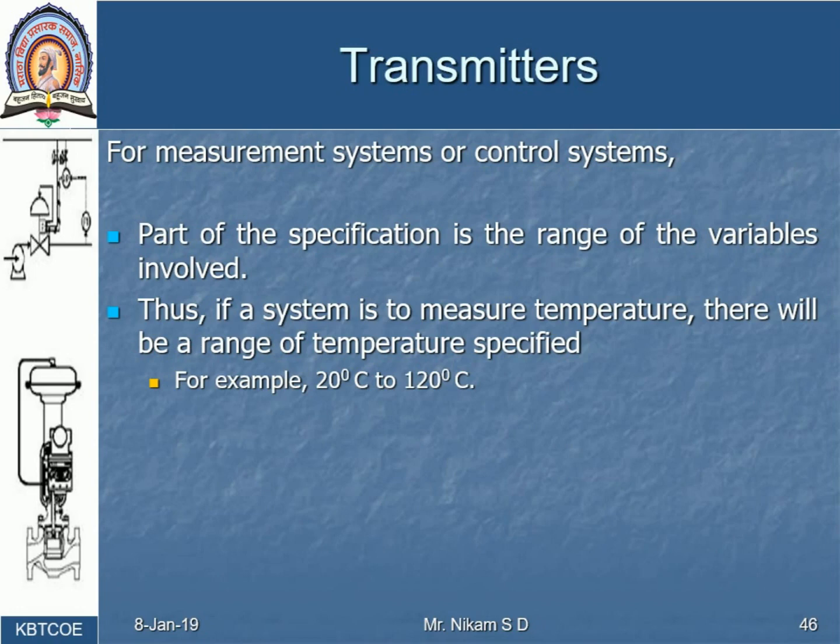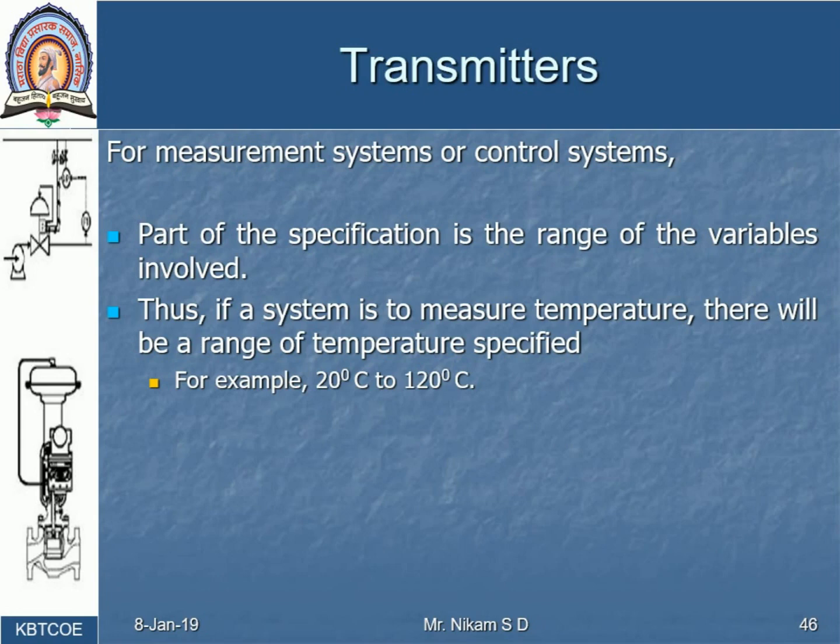Now, if my range is from only 20 degrees centigrade to 120 degrees centigrade, I will get the resistance range, and that resistance range gets converted into 4 to 20 milliamp. My 20 milliamp is now going to define 120 degrees centigrade, and 20 degrees centigrade is going to be represented by 4 milliamp. Maybe there is another process in which I am going to measure the temperature 20 degrees centigrade to 200 degrees centigrade.